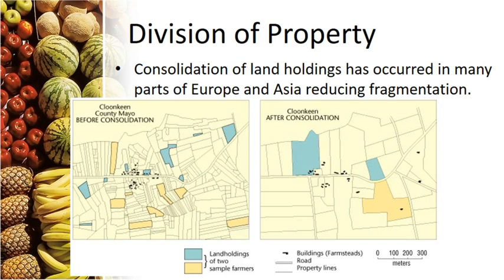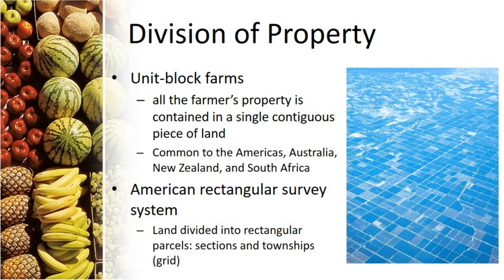Now you'll notice that I haven't said anything about the United States. We have a very special land system that's really unique, and that is because we are so much newer in terms of settlement. And again, we'll talk about that in a minute. One of the things that you also see with this consolidation is unit block farms. This property is a single piece of land that is contiguous, which means it's all touching.